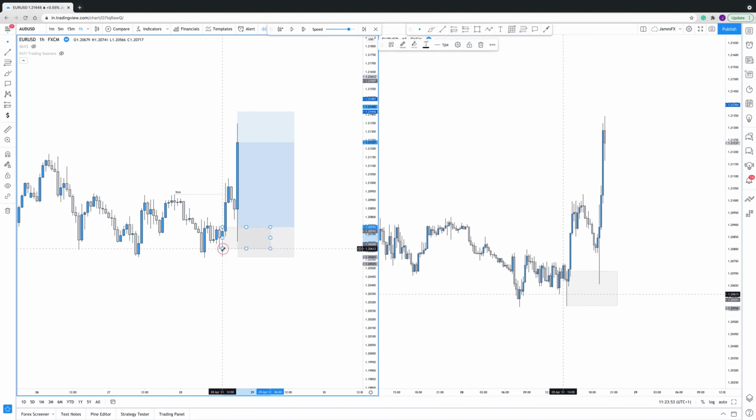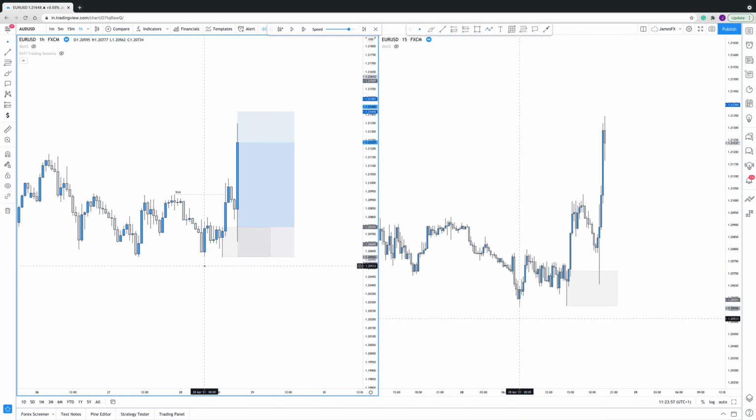Now in this case, we do have a large wick, so the area to work with is larger. So it comes down to your own preference on what candle you want to take. You'll figure it out in your testing as time goes on, but we're going to take this one because this is the last move in this consolidation before the expansion out.